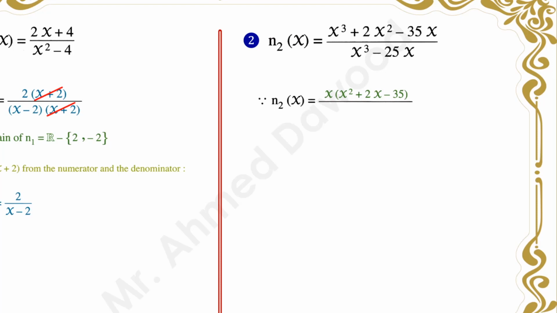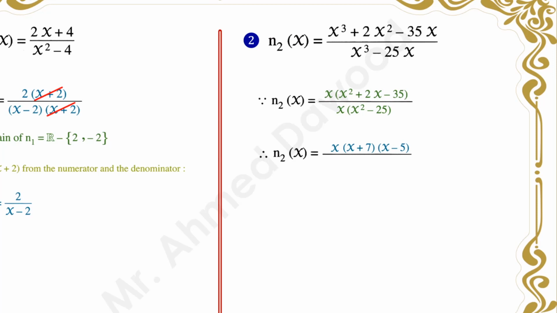The denominator has HCF x, so I will write it as x times (x^2 - 25). Then factorize the numerator and denominator. Then n2 of x equals the factorization of the numerator: I will put x as it is and factorize x^2 + 2x - 35 as (x + 7) times (x - 5).